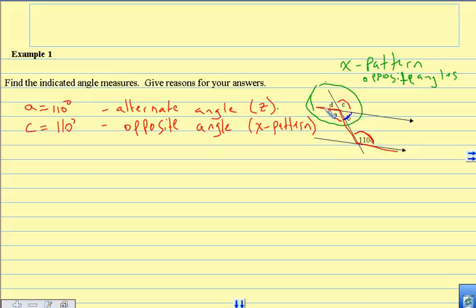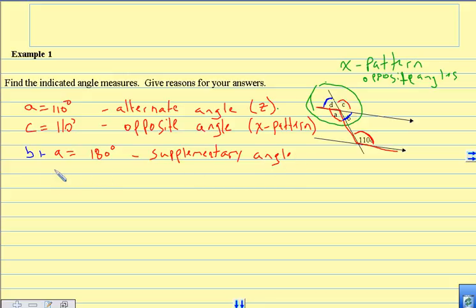B and D have to be the same because of opposites, so we can find B or D. Let's find B. B plus A equals 180 degrees by the supplementary angle theorem.